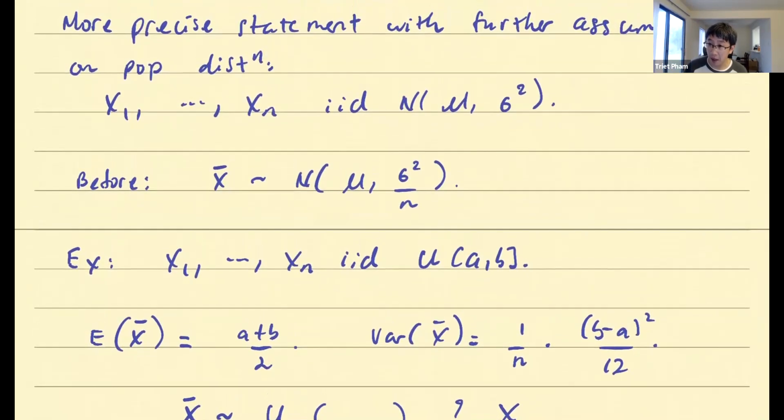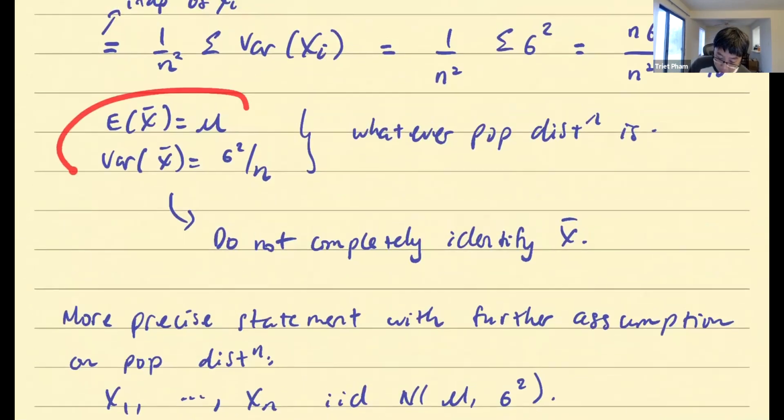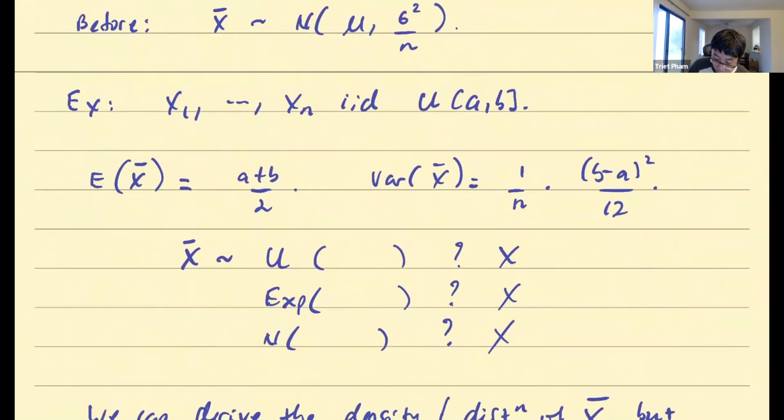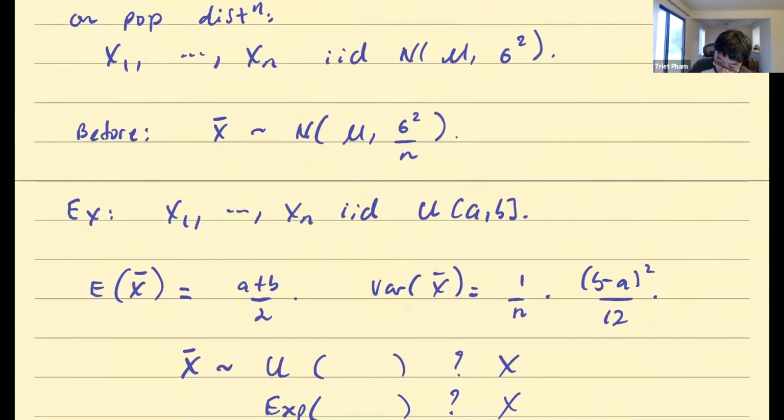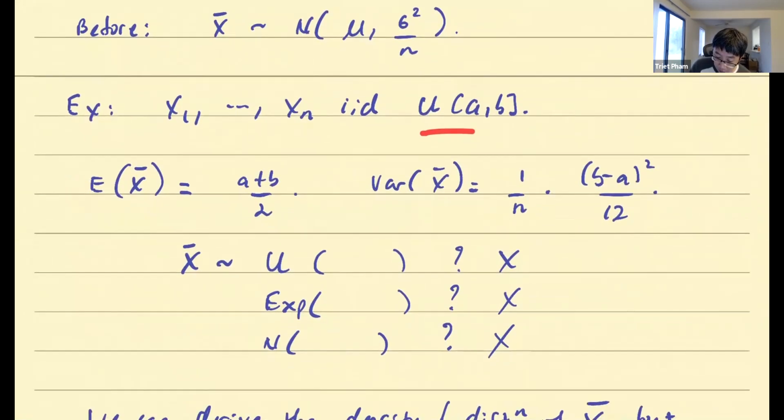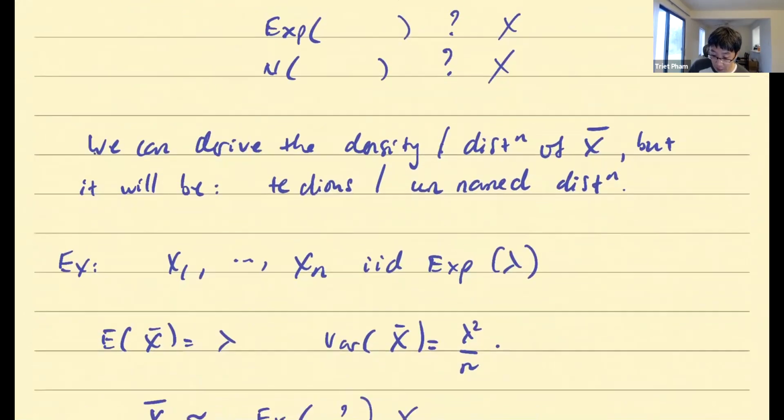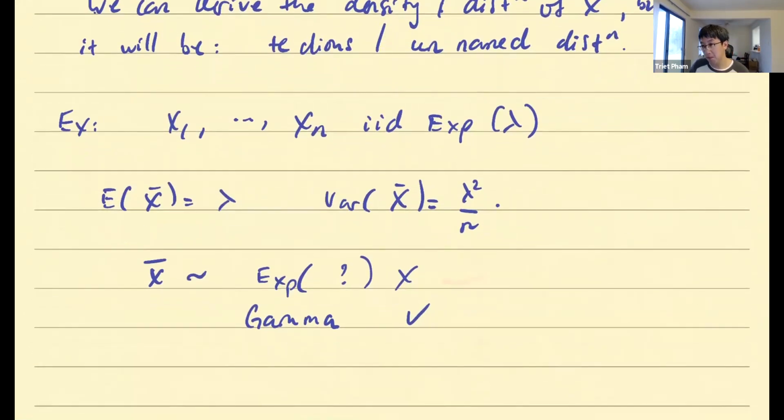Okay, so to recap, what you want to learn about X bar depends on how much work you're willing to go into it. For this class, I require you to know this for sure. I require you to know why this is true. And I require you to know the normal case. For the uniform, you at least should know that these do not hold, and this is true, etc. But beyond that, to be more precise, not really.